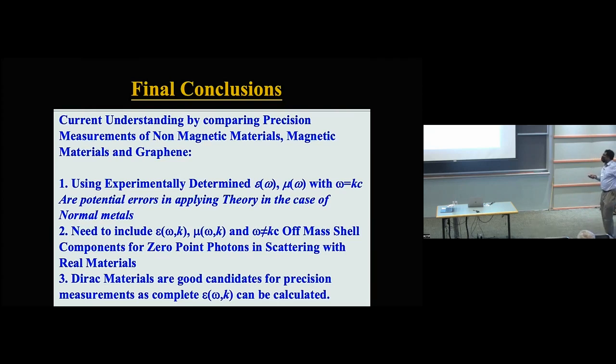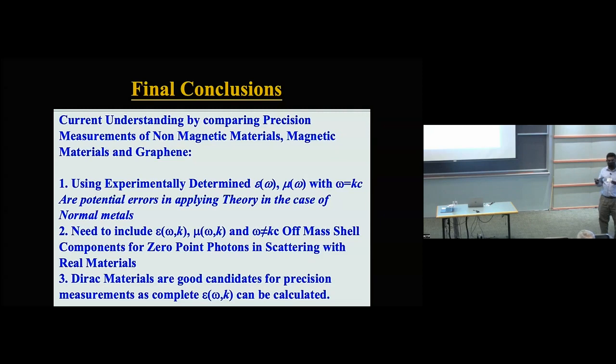So we really need to go non-local, off mass shell, to calculate the zero-point photon scattering with the real materials. But this is a problem because there's no way to experimentally determine off mass shell behavior. Maybe phenomenologically, we heard Carsten and we heard Raul, many of you have tried to figure out what the non-local contributions would be.